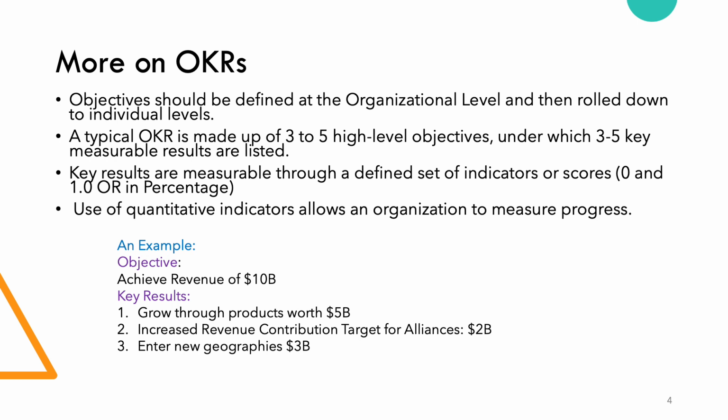An example: an objective can be to achieve revenue of $10 billion, and key results, growth through product worth $5 billion, increase new revenue contribution through alliances $2 billion, and enter new geographies around $3 billion. So basically the key results tell you how you will be achieving the revenue of 10 billion.